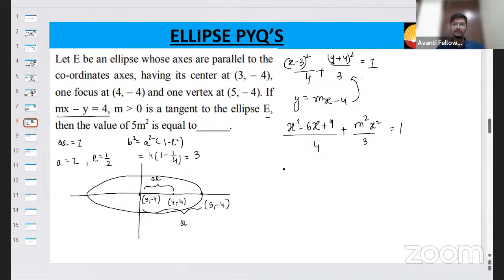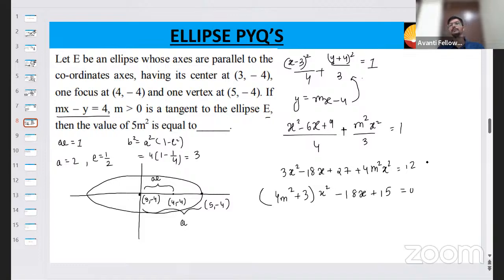Now, if I try to take the LCM, I'll get 3x² − 18x + 27 + 4m²x² = 12. Let us group together: (4m² + 3)x² − 18x + 15 = 0.